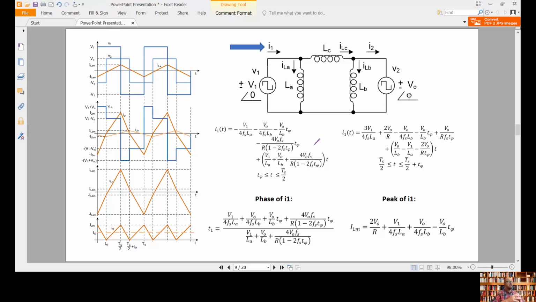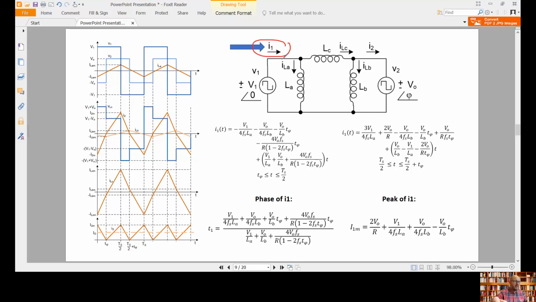Also, in this kind of system, it is very important to obtain the value and the phase of the current I1, because this current at the end is the current that is going to be circulating through the switches of the half bridge. So here we have the two equations corresponding to I1. We can calculate I1 as the addition of ILC plus ILA.